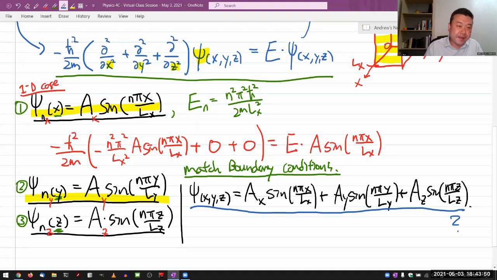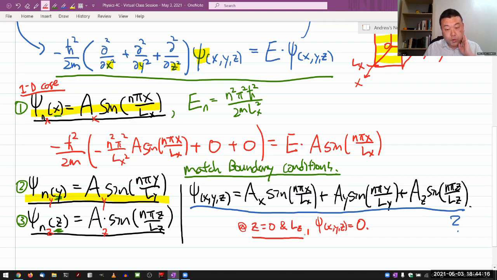Because I think I can demonstrate this really simply this way. When you have a boundary condition that says that at the values of z equal to 0 and L sub z, you need to have your total wave function equal to 0. This is a condition on only one of your three variables. So, I mean, you could do all you want to make this equal to 0. That you can definitely do. In fact, this is built to exactly do that.